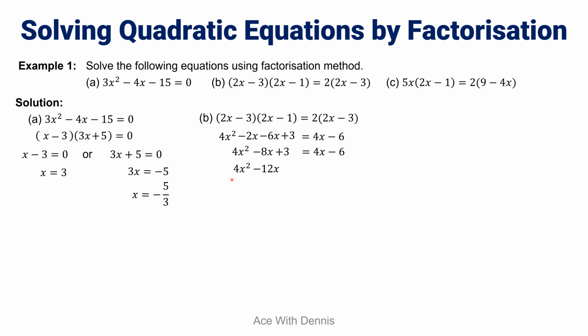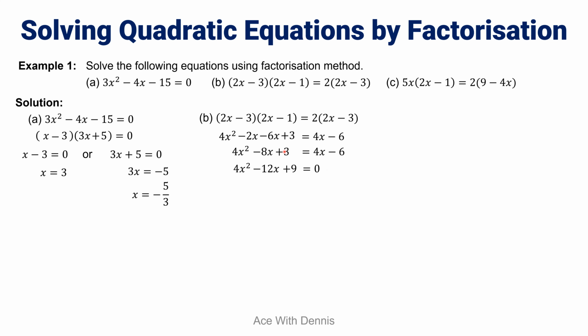Then 4x squared minus 12x, because minus 8x minus 4x gives negative 12x, and 3 plus 6 gives 9, equal to 0. So we have moved these two terms to the left hand side. This is the simplest form, 4x squared minus 12x plus 9 equal to 0.